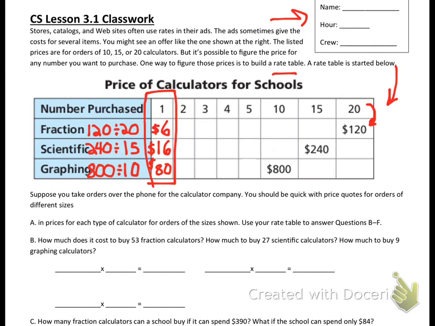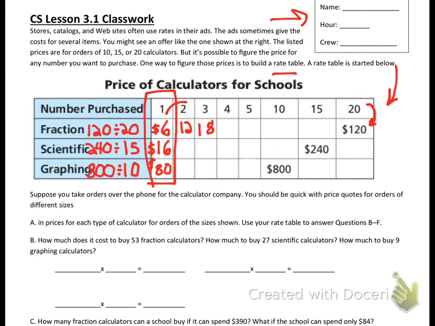And now I want to find the cost for 2, 3, 4, 5, 10, 15, and 20. I bet you already know what we're going to have to do. Well, let's get started with the fraction one. With the fraction one, we do 2 times 6 gives me 12, 3 times 6 gives me 18, and so on.